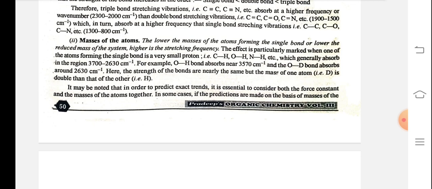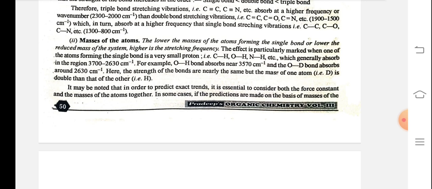For example, the OH bond absorbs near 3570 cm inverse, and the oxygen deuterium bond absorbs around 2630 cm inverse. Here the strength of the bonds is nearly the same, but the mass of the atom deuterium is double that of protium.